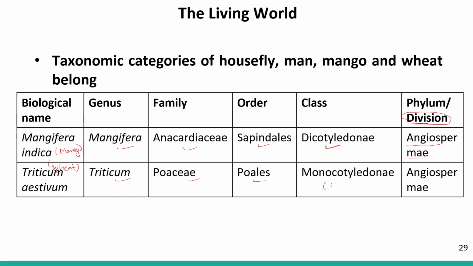It is a monocot, that's why the class is Monocotyledonae, and it belongs to the division Angiospermae. This was the taxonomic categories of some common organisms that you see around yourself.